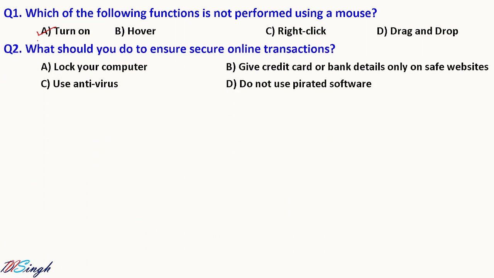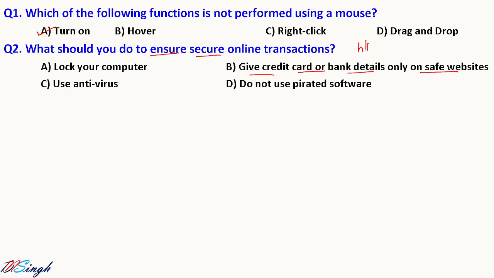What should you do to ensure secure online transaction? So how can we secure online transaction? First thing you need to keep in mind, you have to give your financial or credit card details only on the safe website. So how can you ensure the website is safe?